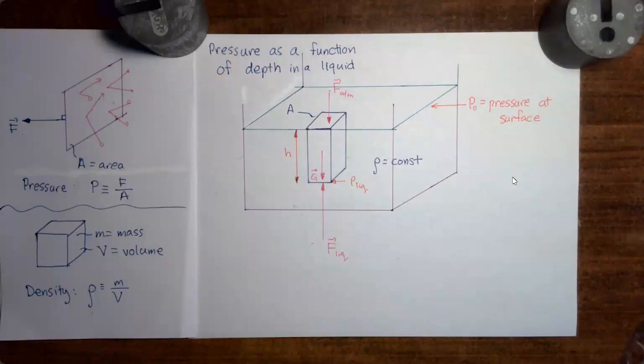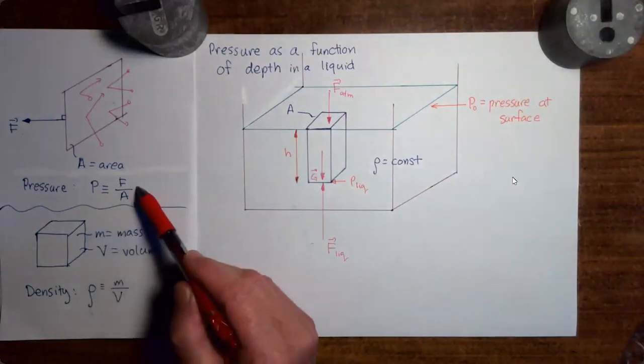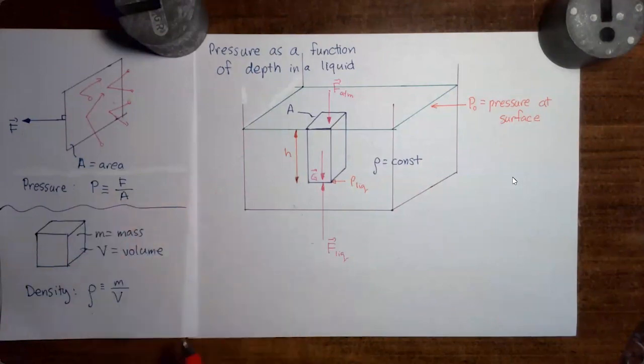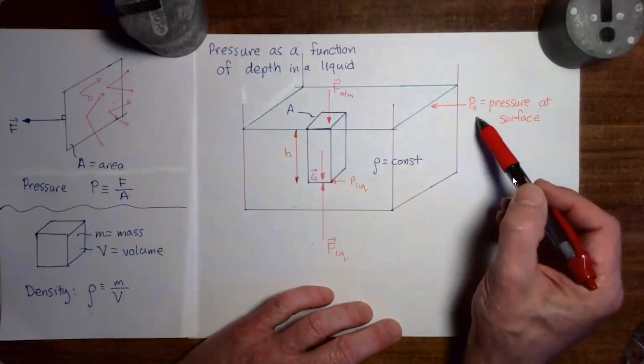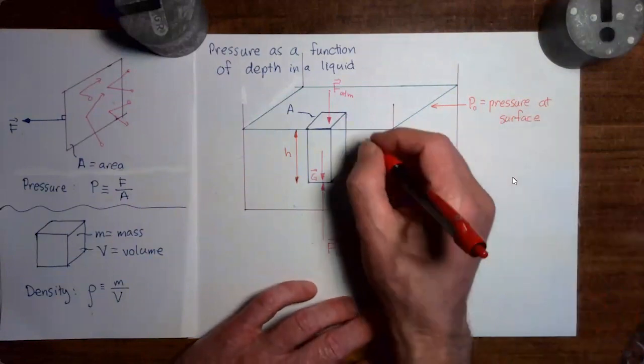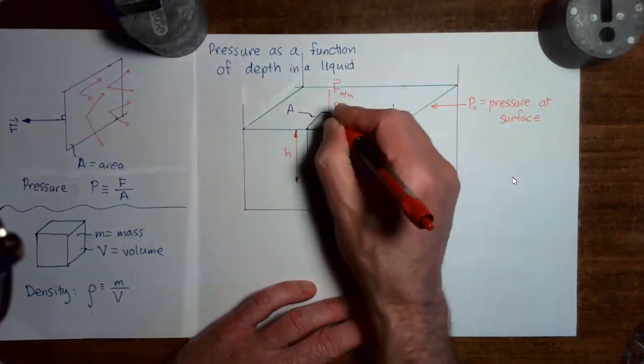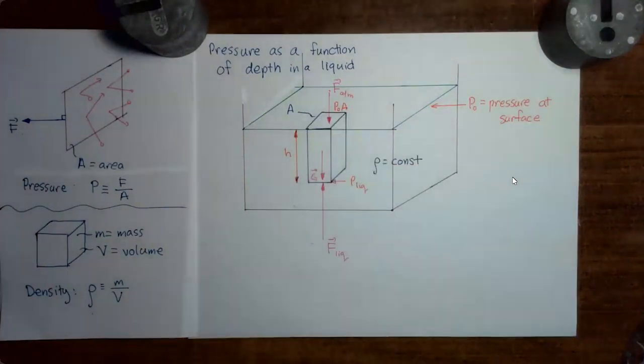Now let's go through, as we usually do, and put in expressions for the magnitudes of these forces. We can use here that the force associated with the pressure is pressure times area. So at this top surface here, we have pressure P0. So the magnitude of this force would be P0 times the area of that surface.